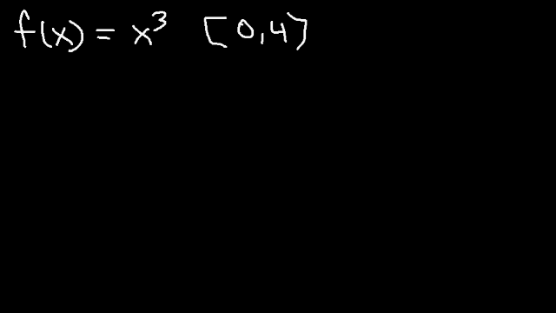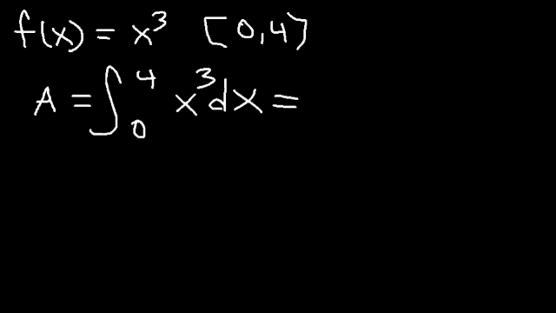So first, let's find the actual area. It's going to be the integral from 0 to 4 of x cubed dx. And the antiderivative of x cubed, add 1 to the exponent, is x to the 4th divided by 4, evaluated from 0 to 4.